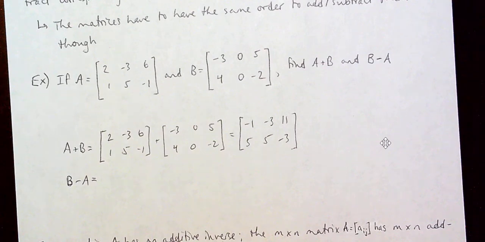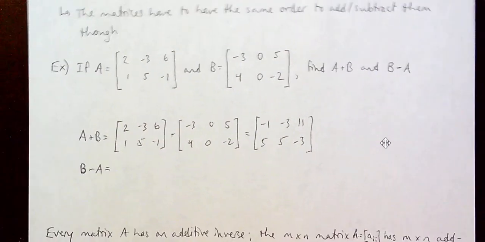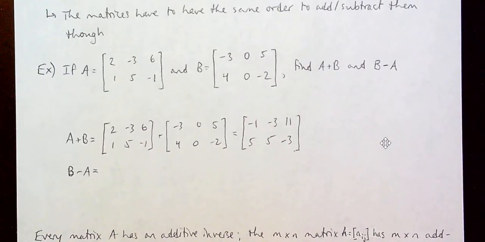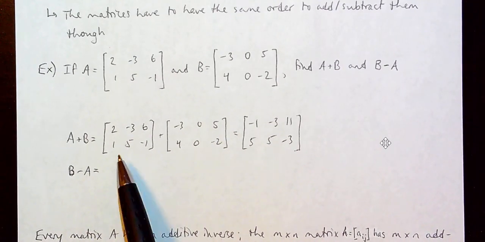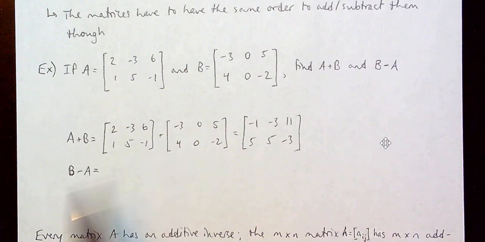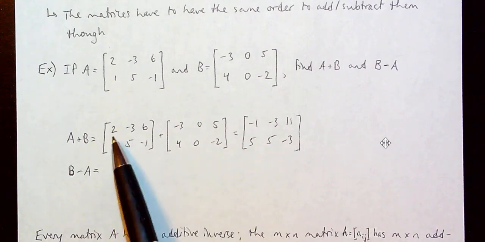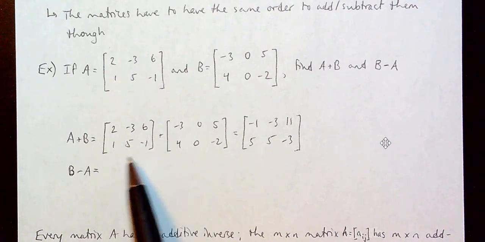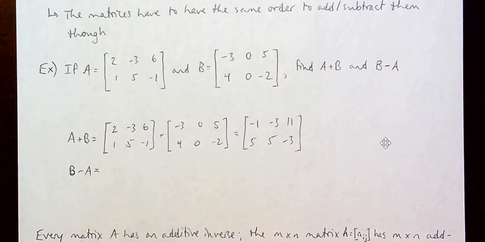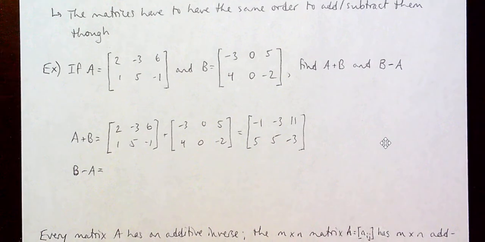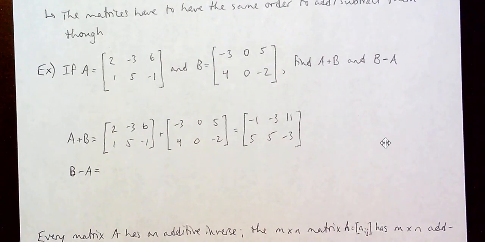And we get -1, -3, 11, 5, 5, and -3. As you saw, we just added or subtracted the corresponding elements. The guys in second row, first column, added those up. And similarly with the other ones.